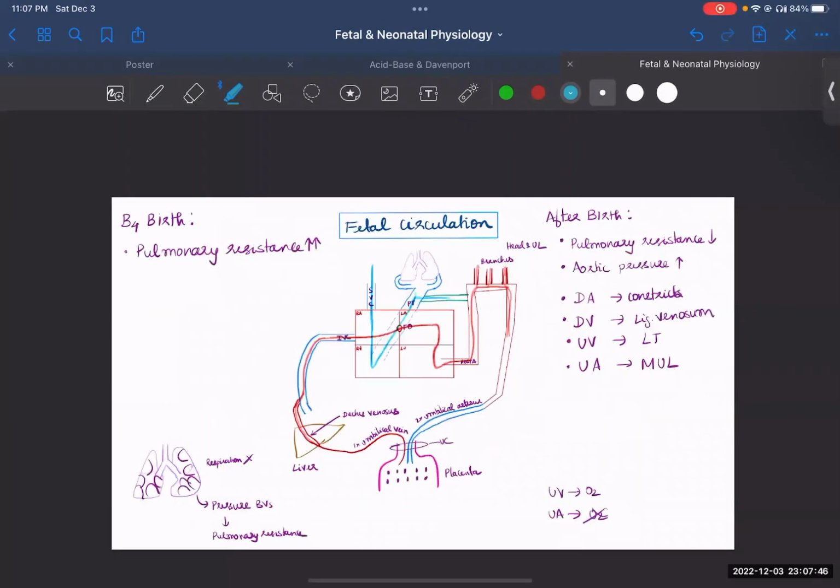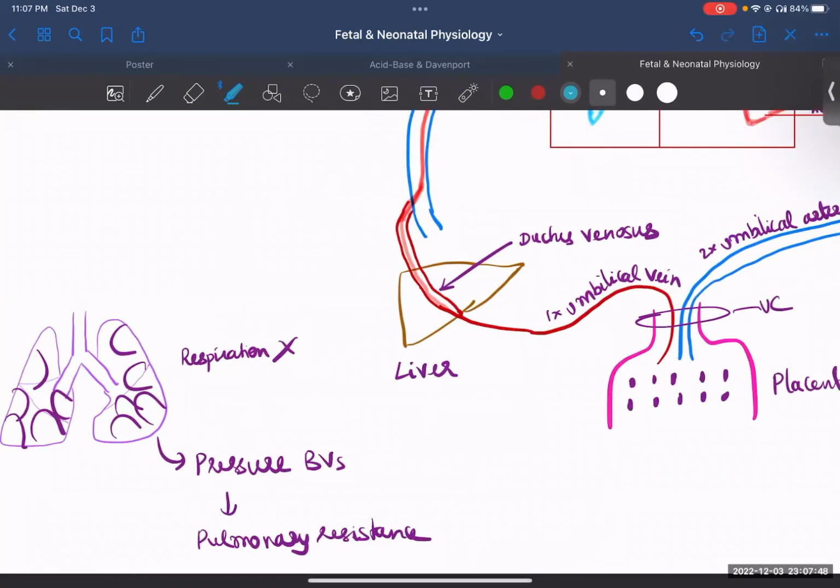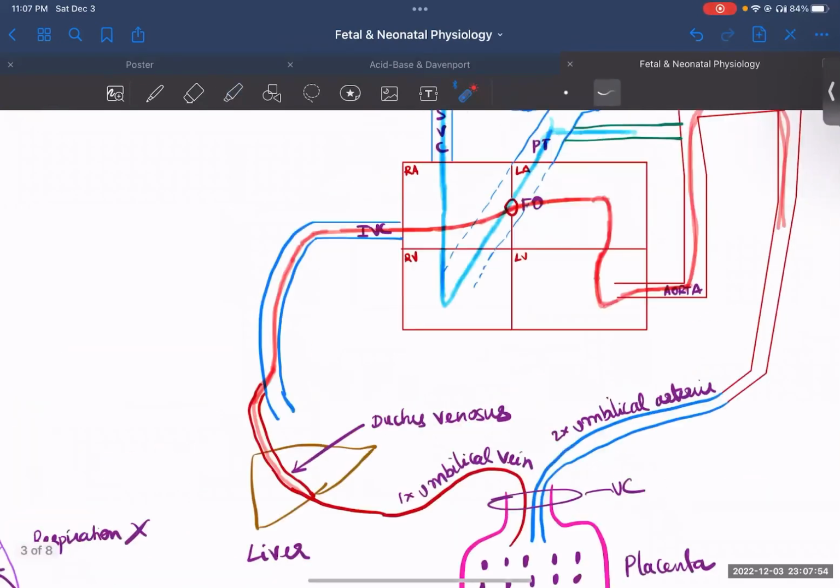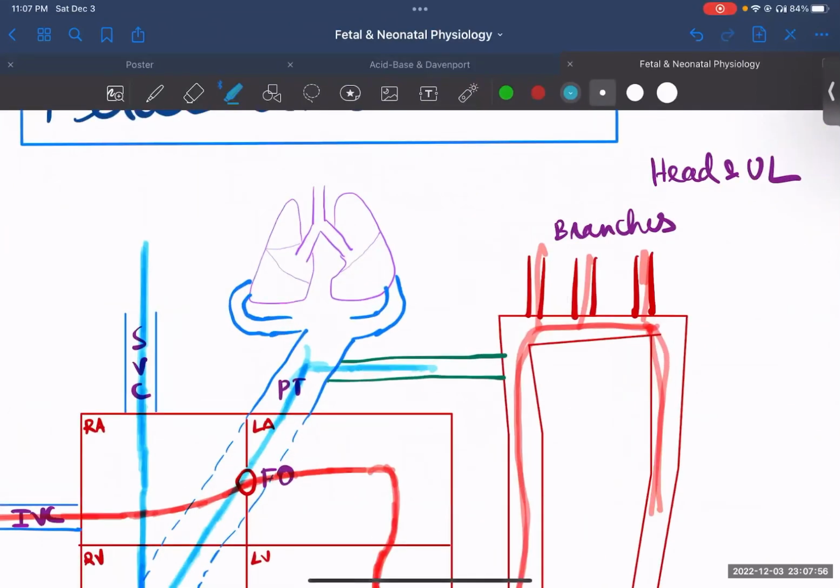Remember, I told you in the fetus, the lung is collapsed and it exerts a pressure, which is called pulmonary resistance. That resistance will not allow blood to go this way. So it is going to direct blood through this vessel, and this vessel right here is called your ductus arteriosus. It connects your pulmonary trunk to the aorta.